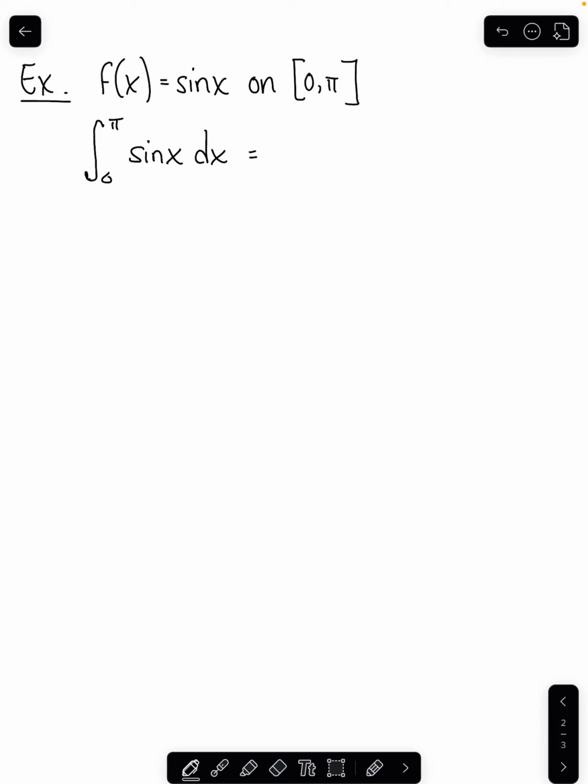The antiderivative of sine of x is, of course, negative cosine of x. We then have negative cosine of pi minus negative cosine of 0.